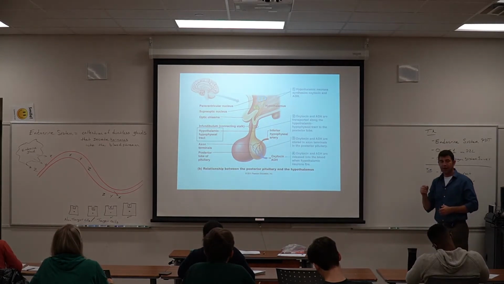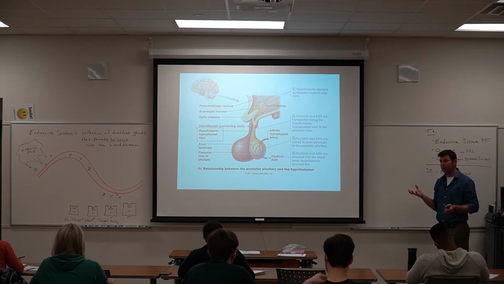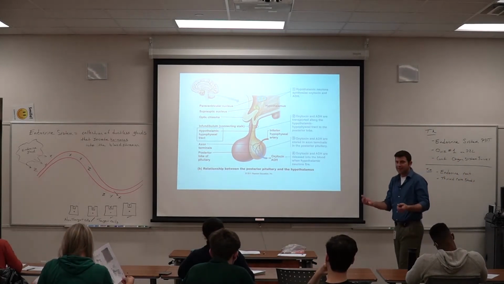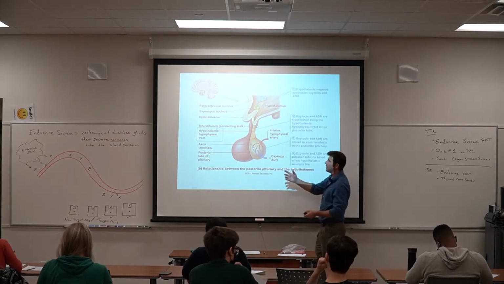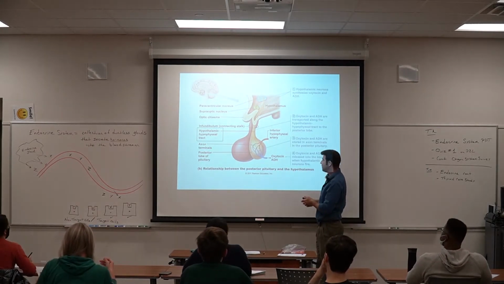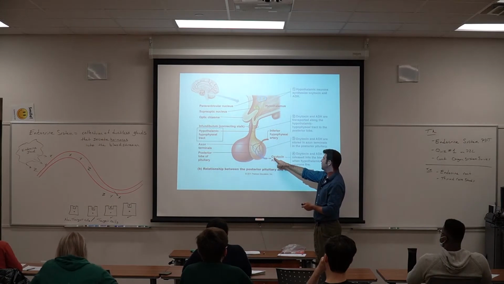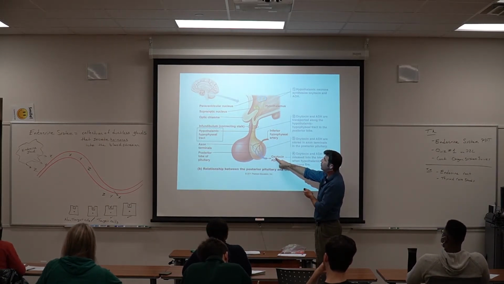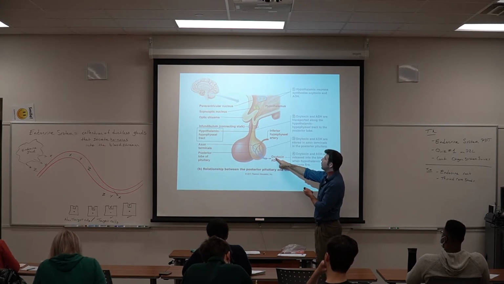I'll share with you my weird memory tip of how I always remember that. It's the opposite of how you think it would be. Like my brain sees that O in oxytocin, and then I see that O in supraoptic nuclei, and I'm thinking, I want to match those O's up.